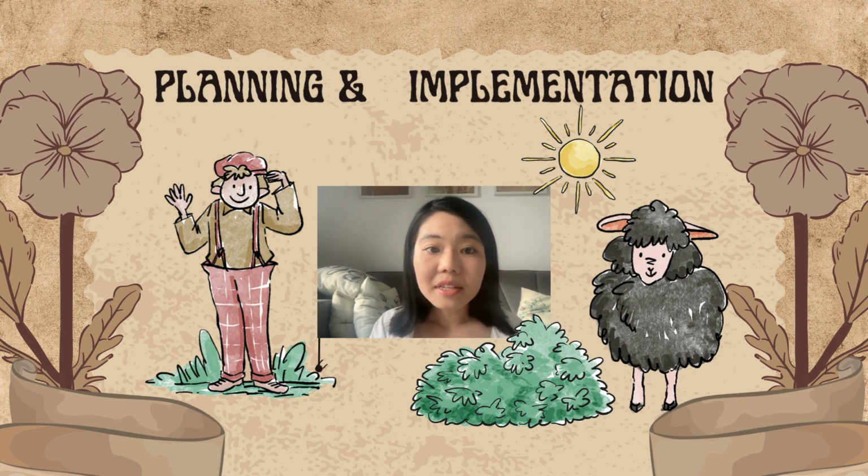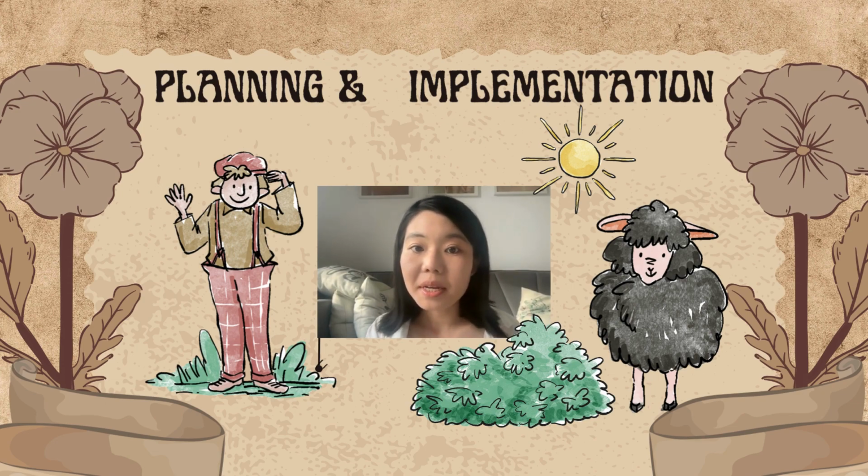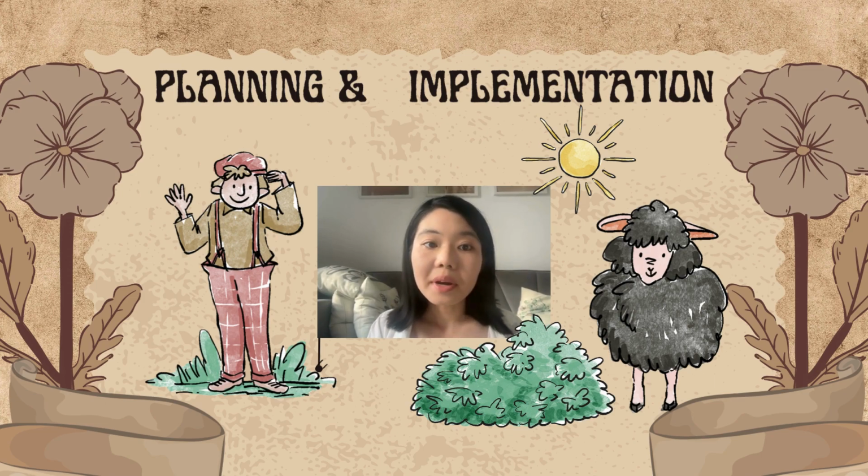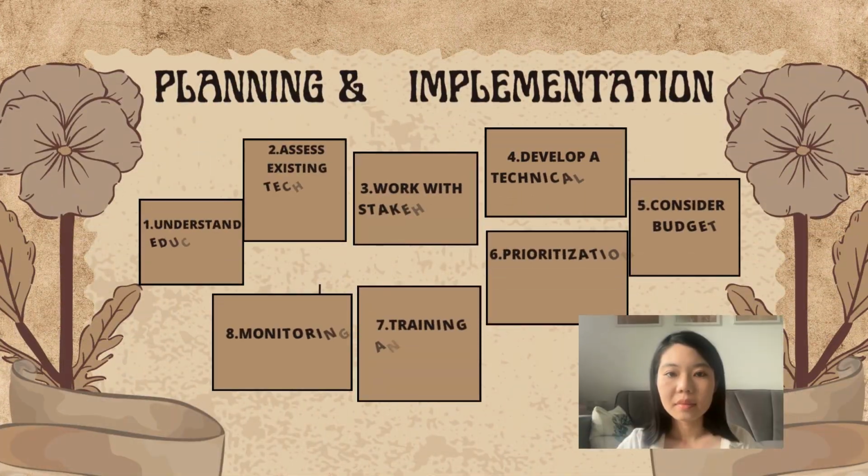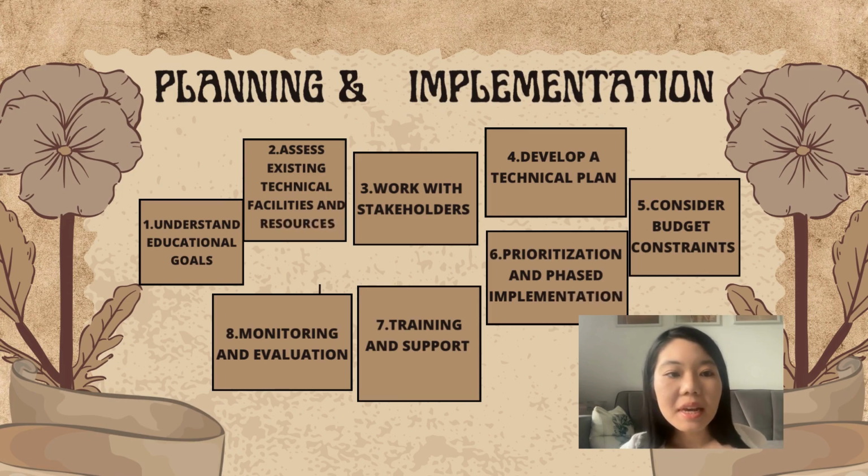Developing a comprehensive technology plan that meets educational goals and budget constraints requires consideration of several key factors. Here are some steps and suggestions to help managers develop such a plan. Firstly is understand educational goals.